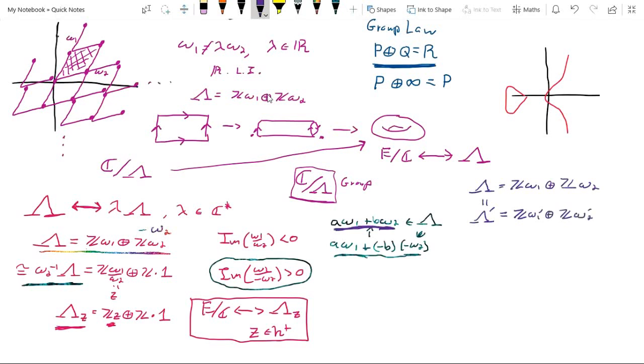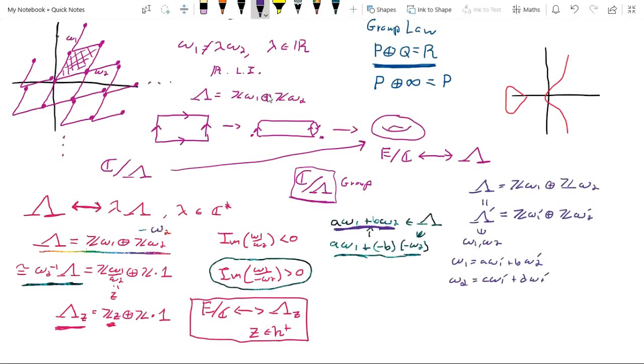And this is spanned by some two different elements, omega 1 prime and omega 2 prime. Well, if this were the case, then omega 1 and omega 2 must belong to capital lambda prime. This means that omega 1 is equal to some integer combination of omega 1 prime and omega 2 prime. I'll call those integers a and b. And I can say a similar thing for omega 2, just using integers c and d.